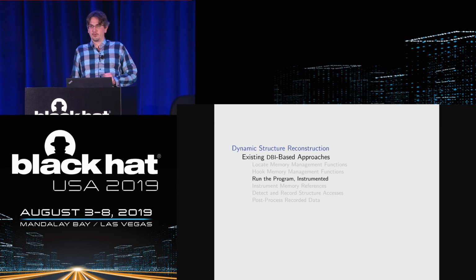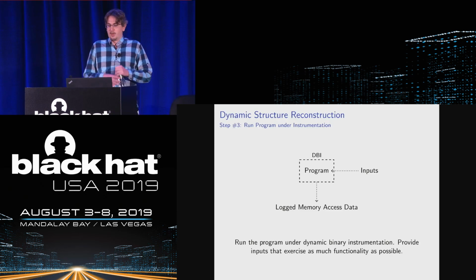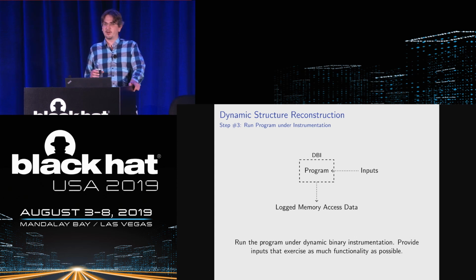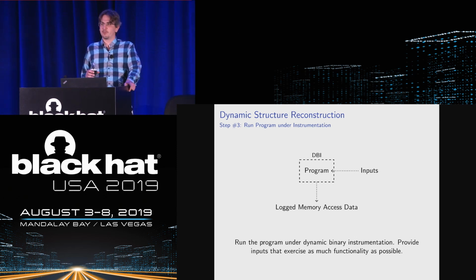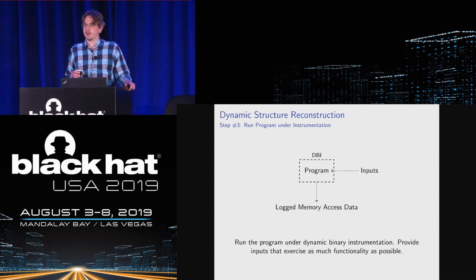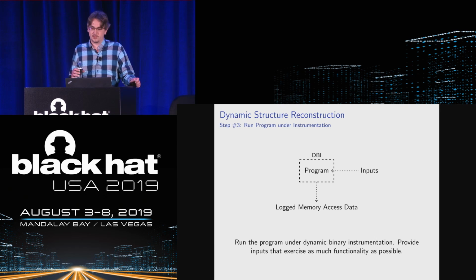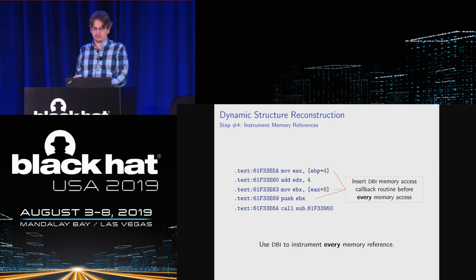Okay, so that's the part where we hook the memory allocator and record allocation metadata. Now we're going to find accesses to these allocations. The next step in these tools is to run the programs under dynamic binary instrumentation and provide whatever inputs you need to drive execution throughout the program. If you're running Adobe Reader or something, this means providing a PDF for it to open or something along these lines. And then we're going to log accesses to the allocated structures and record them.